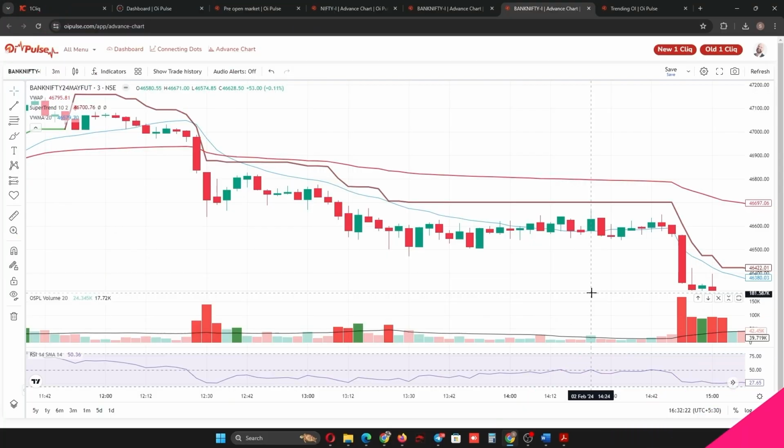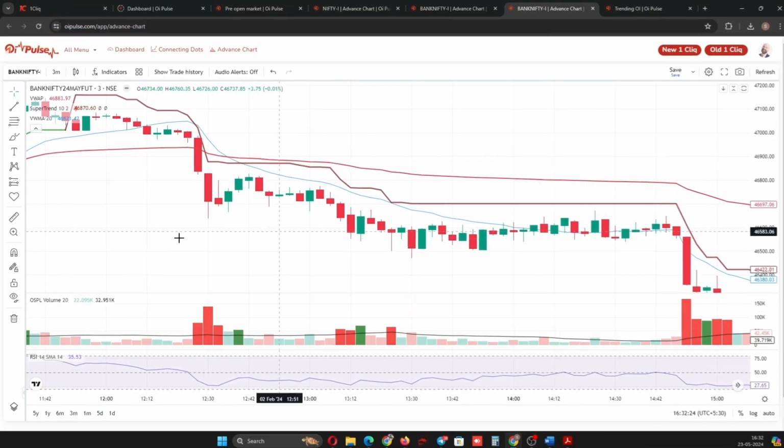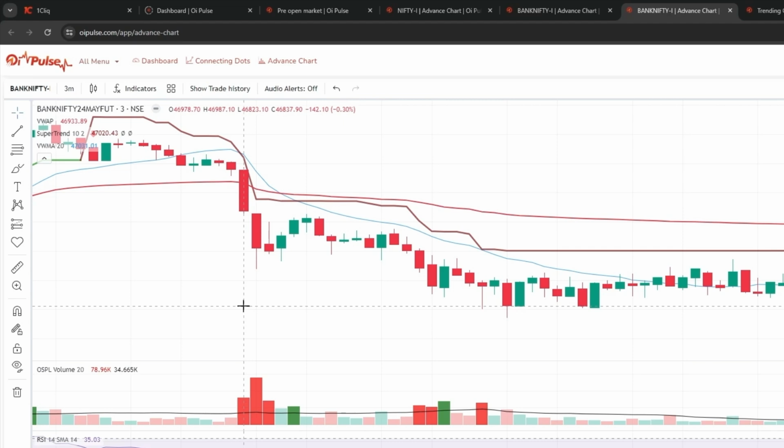Okay, so we'll take one more example. Here you can see this is a good high probability trade. The volume is in consecutive candles, and here the third candle start would be your entry. After that you would have averaged till the super trend. So here you would have entered 15 quantities, and some 20-25 quantities here, and again 20 quantities here.